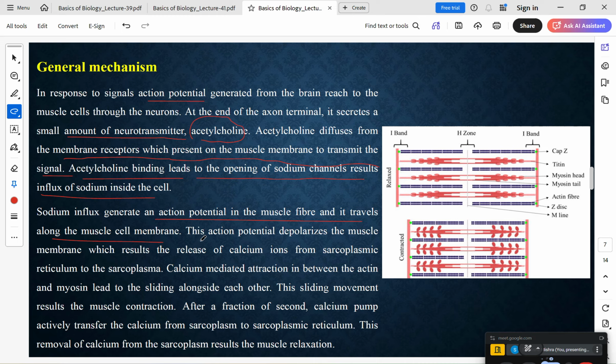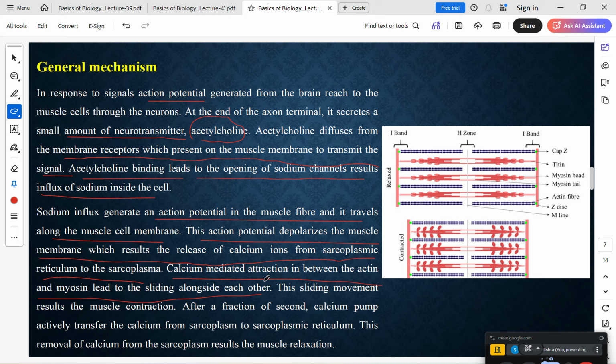This action potential depolarizes the muscle membrane, which leads to release of calcium ions from the sarcoplasmic reticulum to the sarcoplasm. Then there is calcium mediated attraction between actin and myosin, leading to sliding alongside each other.